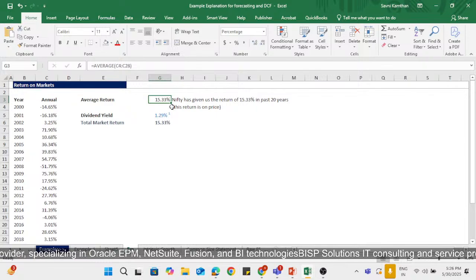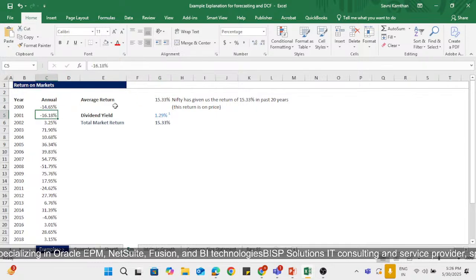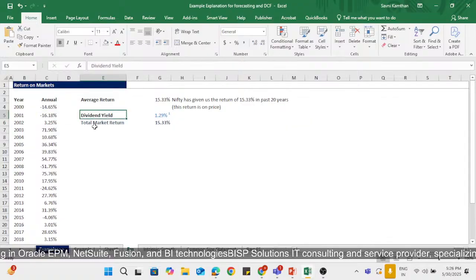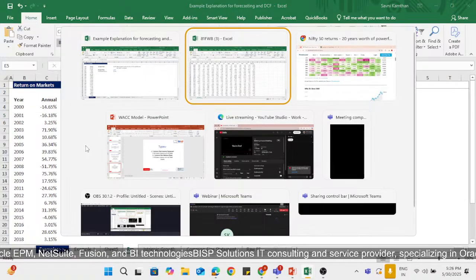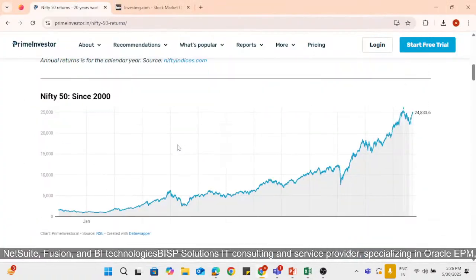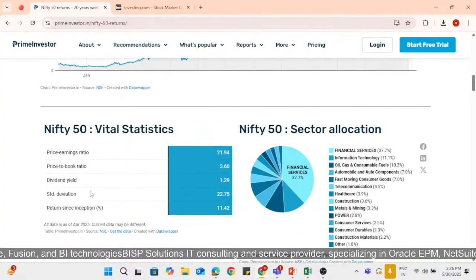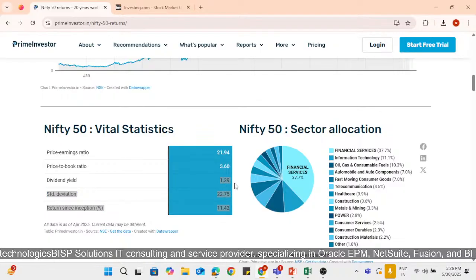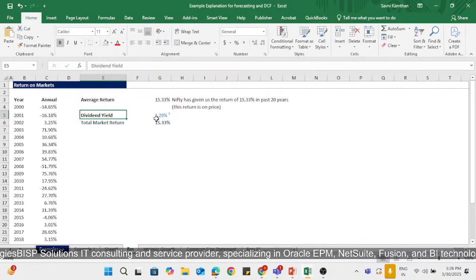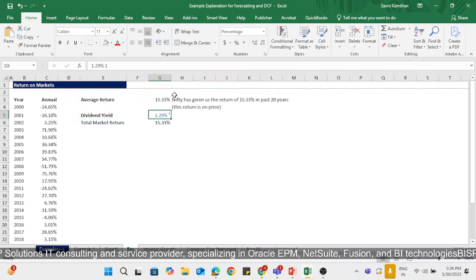This return is on actual price, right? Then if I want to calculate my dividend yield, I will again go to primeinvestor.com and come down here. I will get my dividend yield, which is 1.29. I have hard coded it with the superscript 1 sign.